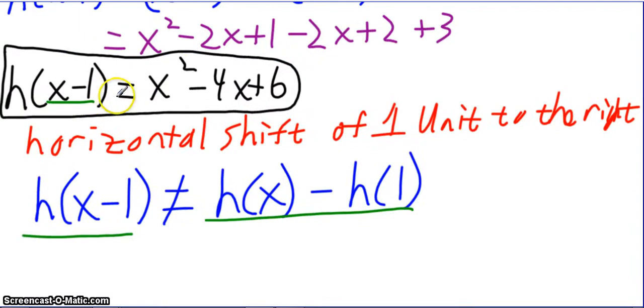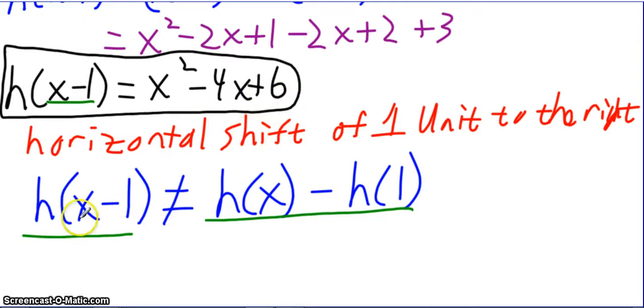So h of x minus 1 equals x squared minus 4x plus 6 is a horizontal shift of 1 unit to the right. What that means is if I graph this parabola x squared minus 4x plus 6, and I graph the initial function h of x equals x squared minus 2x plus 3, they're going to be the exact same parabola, except this is going to be shifted 1 to the right.